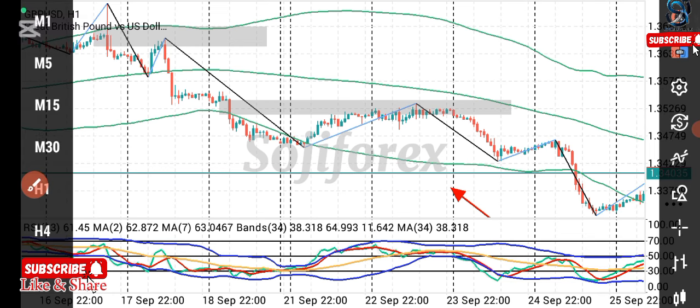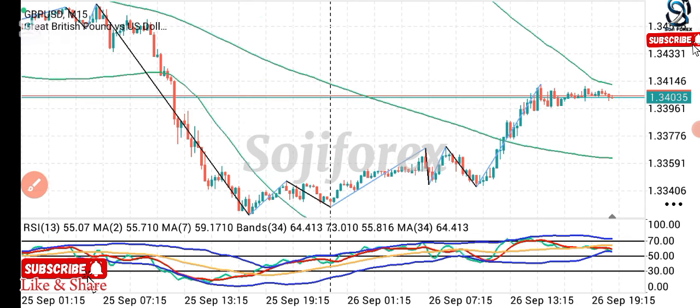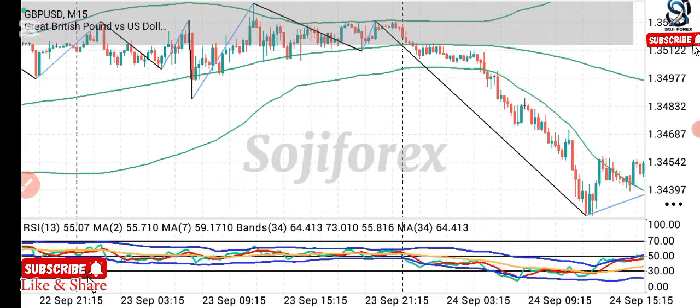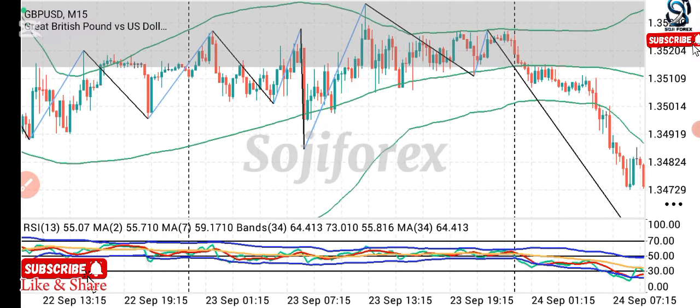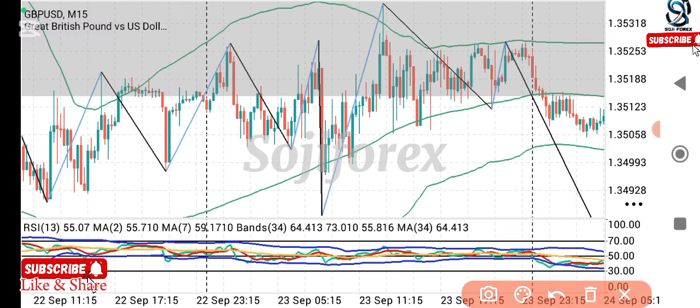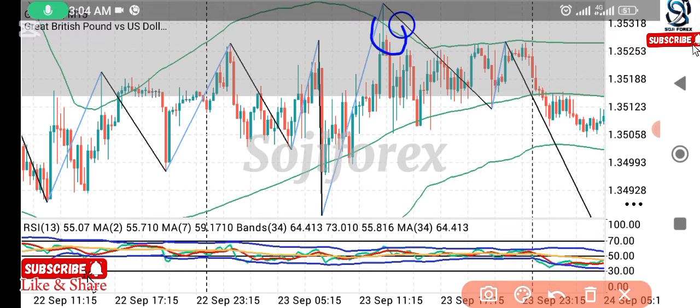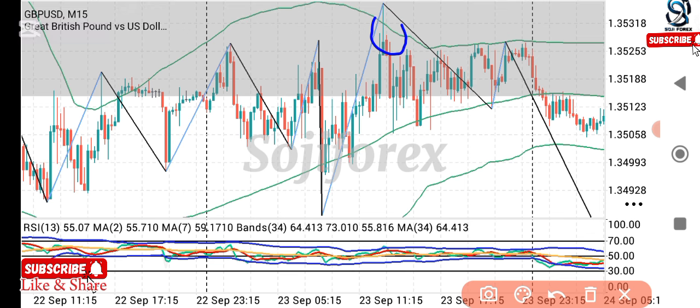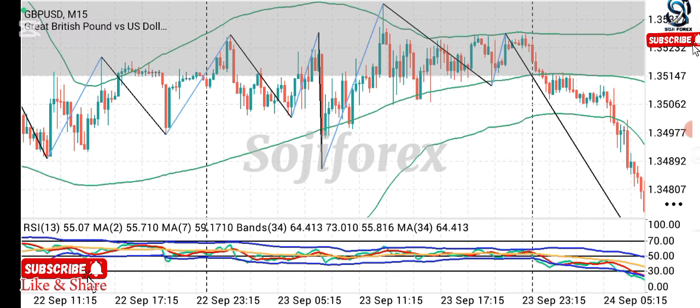Let's move to the 15-minute time frame and see if we are to take that trade based on the 15-minute time frame. Here you can see that pullback, and then you can see this bearish pin bar candle that forms there. You can take that entry there, and you can as well take this entry from this upper Bollinger Band. Then you wait for price to close below the 50 of the TDI, and then you can make your sell entry.